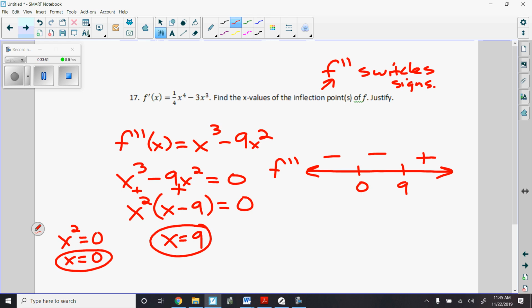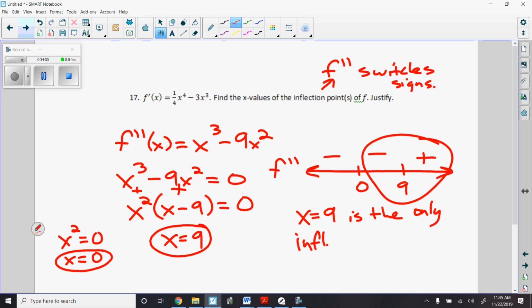So that means my only inflection point is right here at x equals 9. And I know that because f double prime switches signs there. So that's why we do the test. Just because it's a 0 doesn't necessarily mean it's an inflection point. Okay.